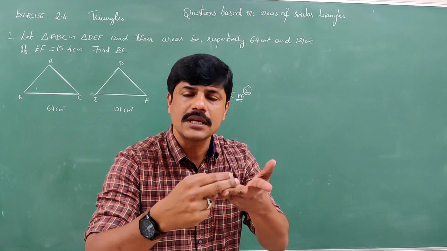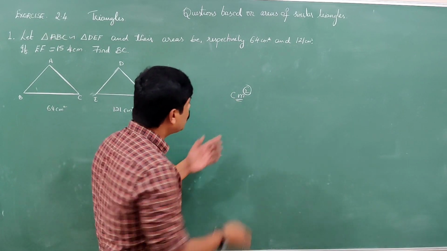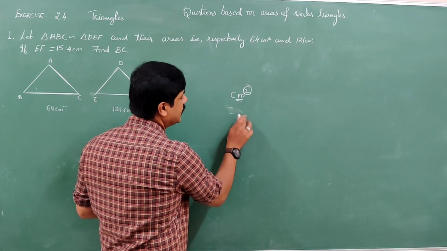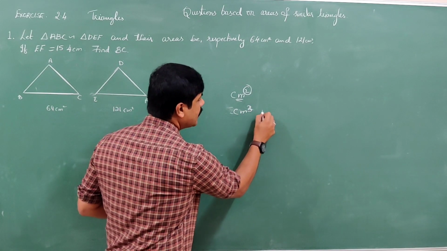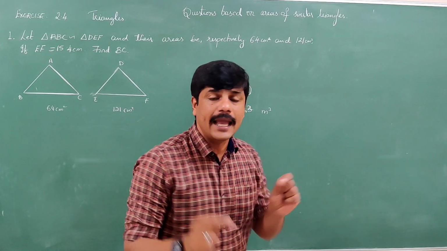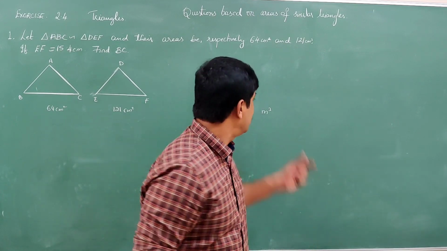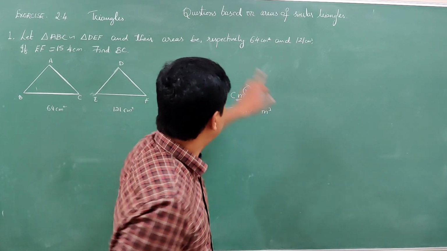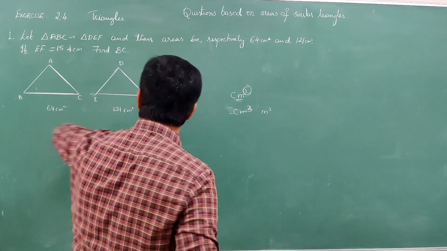So three dimensions are being measured, and you get centimeter cube or meter cube. When you define volume, it is cube; when you define area, since it is two dimension, it becomes centimeter square. So 64 centimeter square must be area.